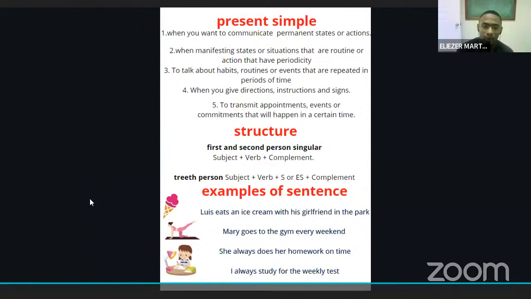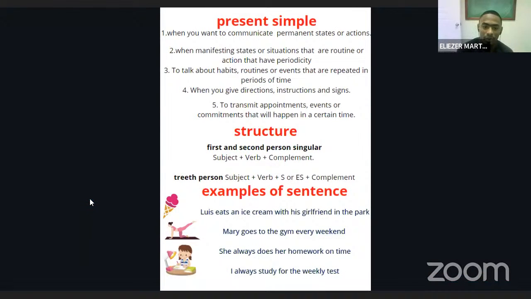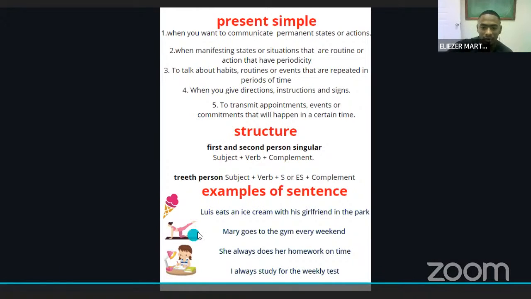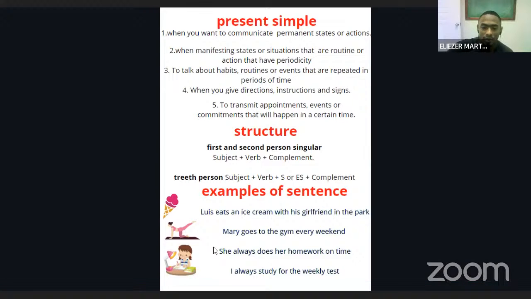And when we are speaking about the third person, we need to have subject plus verb, and we add to the verb s or es, plus complement. For example, I'm going to talk about one sentence as a sample. Luis eats an ice cream with his girlfriend in the park.